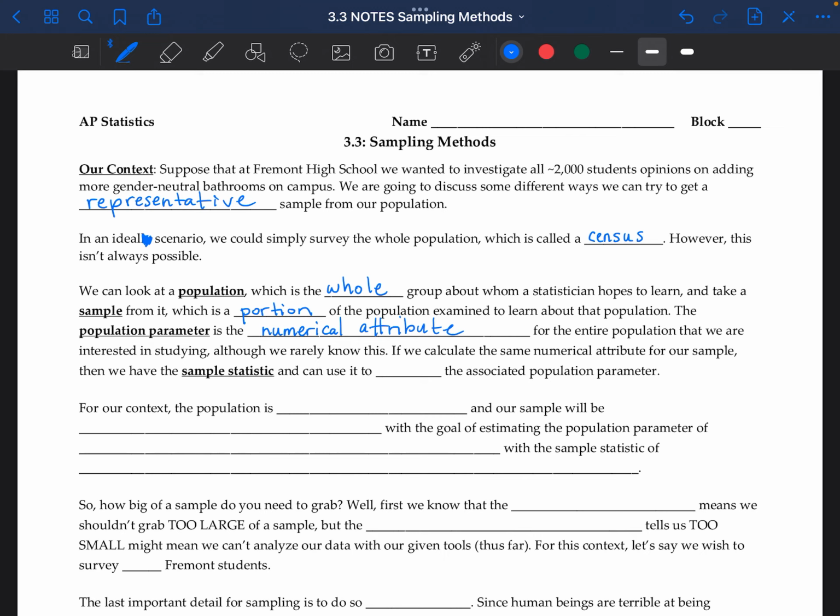Even if I said voters, or people above the age of 30, we're still talking about a huge number of people, and it's not possible to go and ask all of them. What we need to do is talk to a sample. We can grab a sample statistic, and from there we can do something called inference. We can infer what the whole population believes based off of this sample.